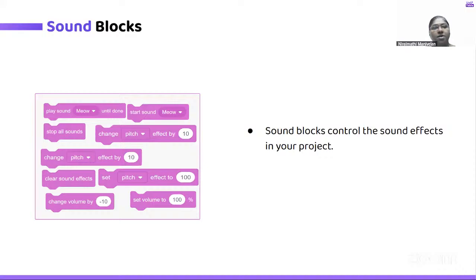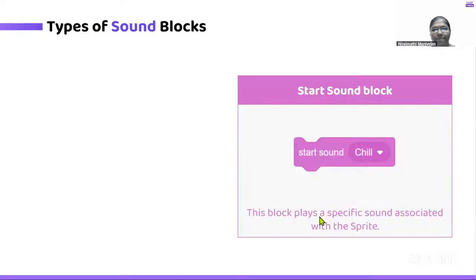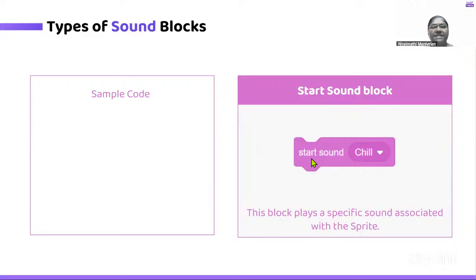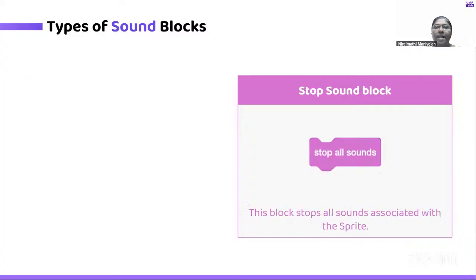See, these sound blocks generally control the sound effects of our project. We have a lot of sound blocks here. Let us see one by one. First is the start sound block. This block plays a specific sound associated with the sprite. So if you add a cat, you can put the sound related to the cat.